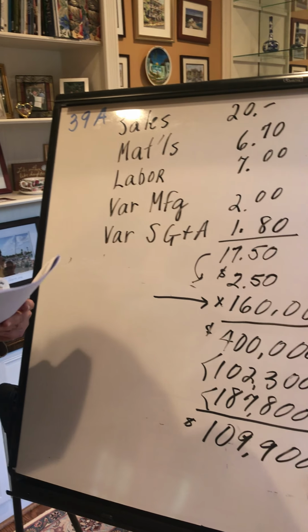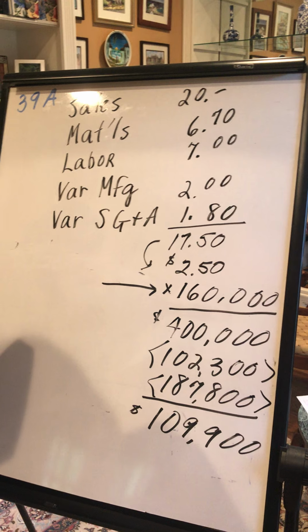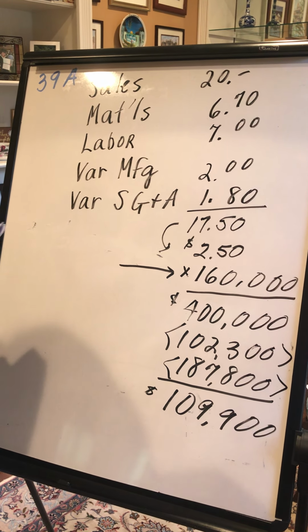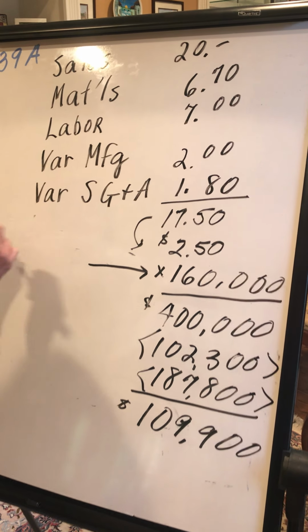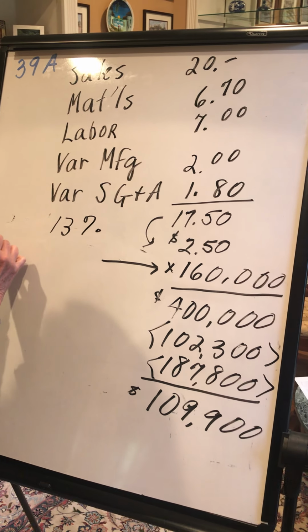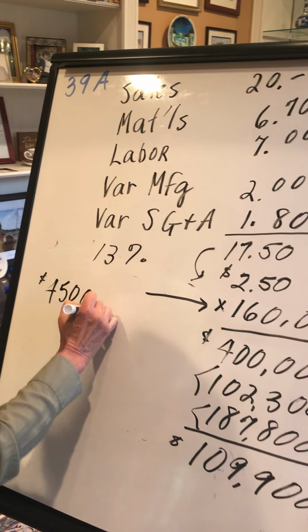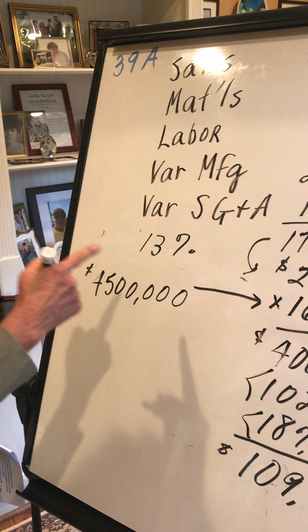Moving on to number 3. What would the company's monthly operating income be if they had sales of $4.5 million? Okay, so now we're going to have to use that 13%. So $4.5 million of sales, and you can do this a number of ways.